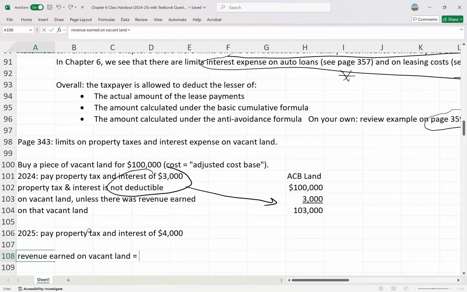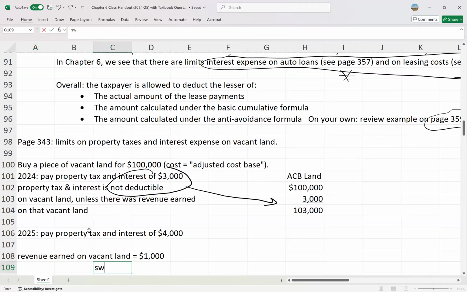Let's say maybe a movie studio wanted to shoot parts of a movie on this vacant land, and so they rented the land for maybe half a day. They paid the company $1,000. And so the revenue earned on the vacant land was $1,000.